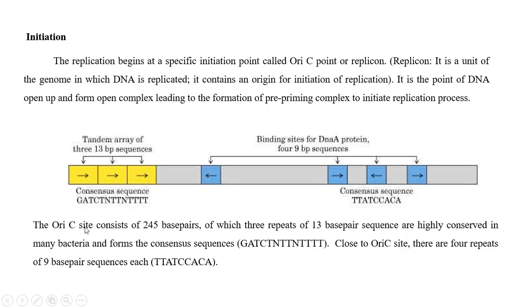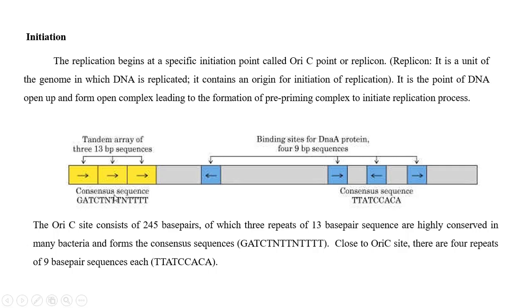The origin site contains 245 base pairs, in which there are two segments. One is 3 repeats of a 13 base pair sequence. That means a 13 base pair nucleotide sequence repeated 3 times.